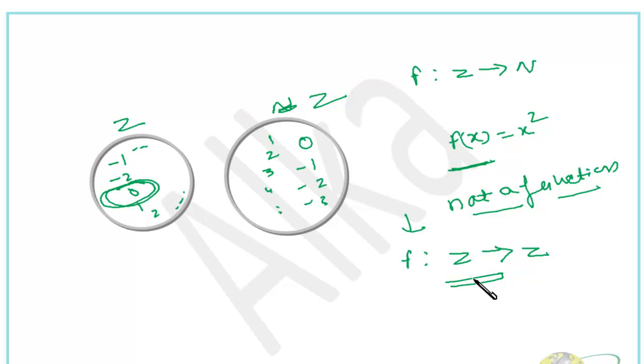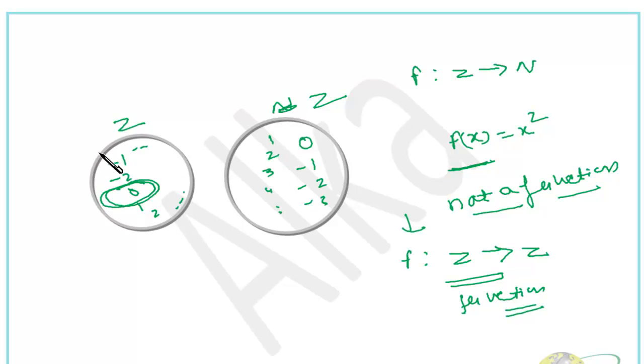So in that case f from Z to Z will be a function, because every element of this set will have an image in this set, and that image will be unique, right? Minus 1 will be associated with 1, 1 will be associated with 1.